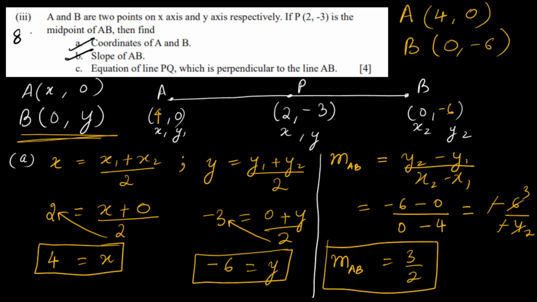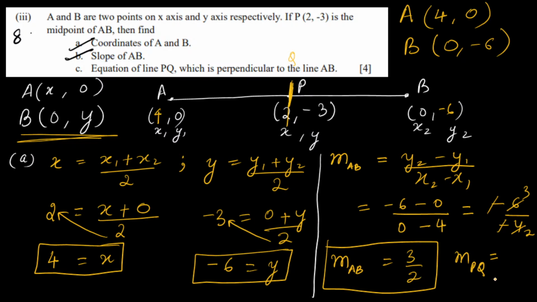So the equation of line PQ we have to find. Suppose here one line is there, the PQ line. The line is perpendicular to AB. Then what will be the slope of PQ?